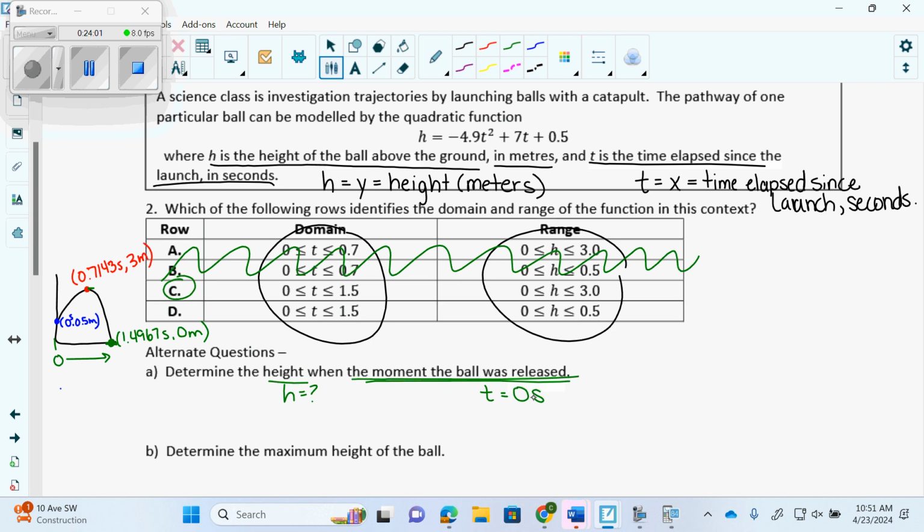We can find it here, or we can find it here, because that's my y-intercept. We agree? So the ball was 0.5 meters high at the moment of release.